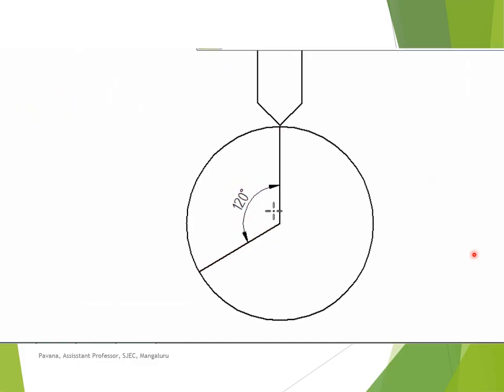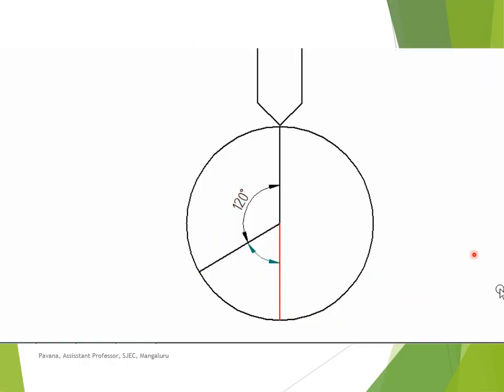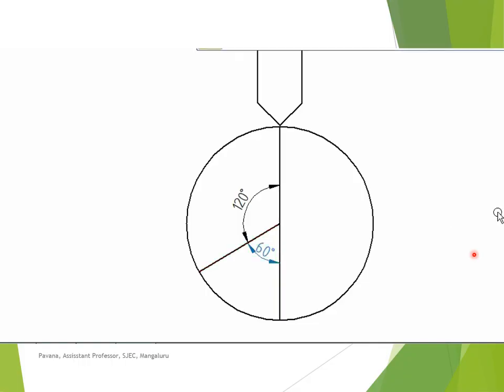Next 60 degree, draw a line, mark the angle 60 degree. Next part is 90 degree.